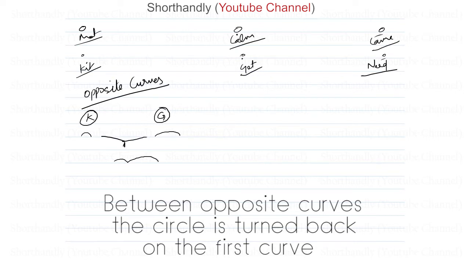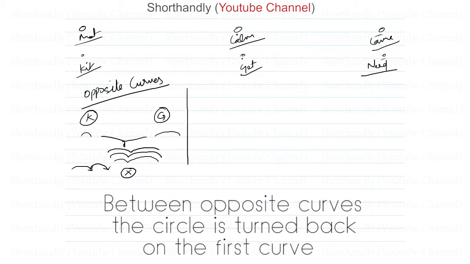We first made the K character in this motion, and then the G character is made in the same motion. So we won't call this opposite curves, because the motion of both the characters is the same.